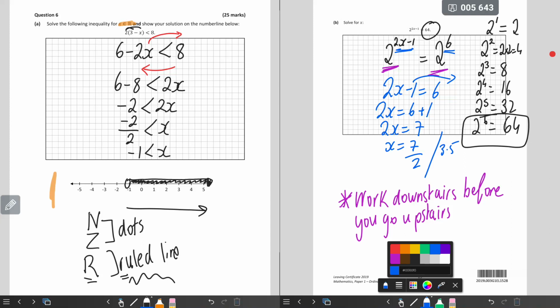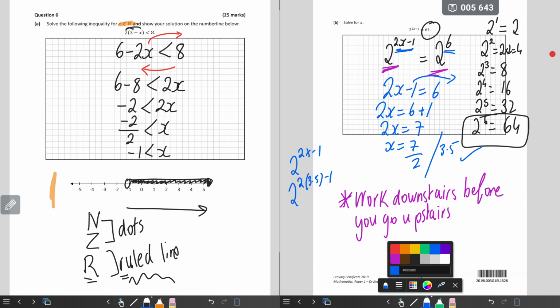How did you check your answer? That is right now. Did you put it back up? Put it back up. You know, and that's what I mean. You could do trial and error in your calculator. Instead of saying 2x minus 1, you're going to go 2 to the power of 2 times 3.5 minus 1. Put that in your calculator and see do you get 64.